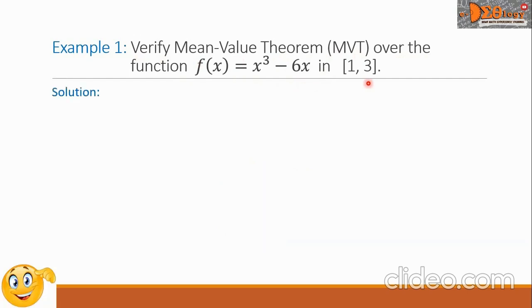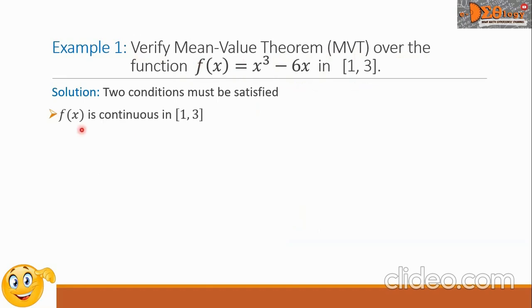For our solution, we know that two conditions must be satisfied. The first condition here, f of x is continuous in the closed interval from 1 to 3. We can see here that our function is a polynomial function, and we know that polynomial function is continuous.